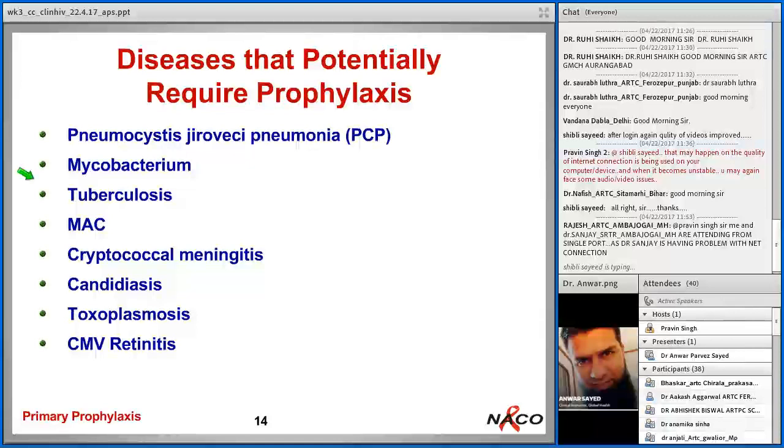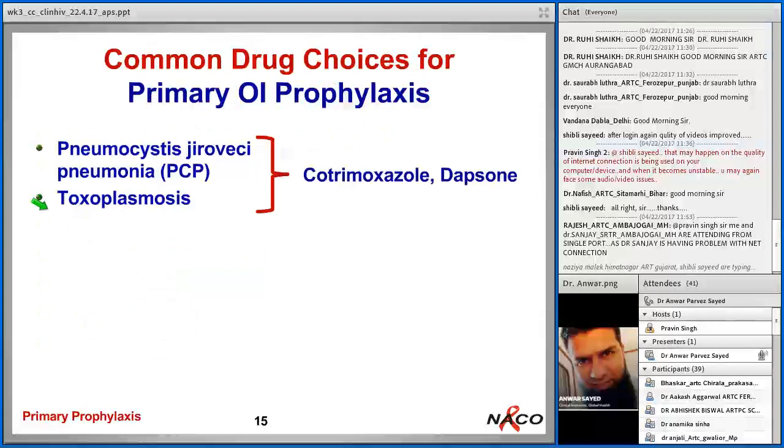For example, in the Western world, you will have guidelines for prophylaxis of MAC infection even in adults. But in Indian guidelines, you will see these prophylaxis guidelines for MAC are only in pediatric and not in adults. I'll come to that point again. Then cryptococcal meningitis, candida, toxoplasma, CMV retinitis can also fall under this list.